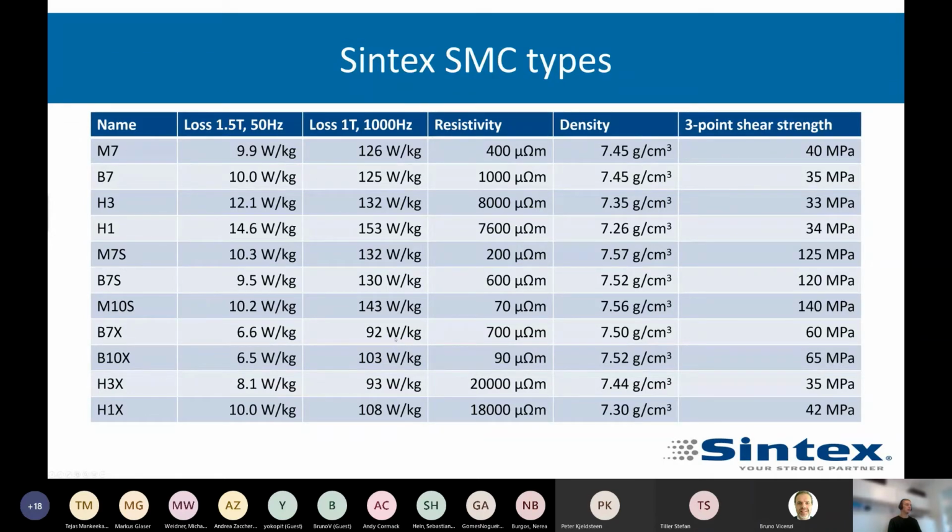The standard materials are on top here, and you can see that there's also a difference in all groups. You can see that you have M, B for bigger parts, where the resistivity is high, and for high frequency you have other alloys here.